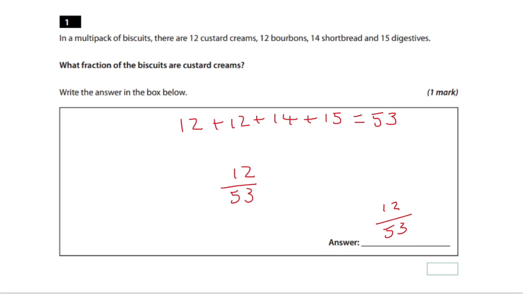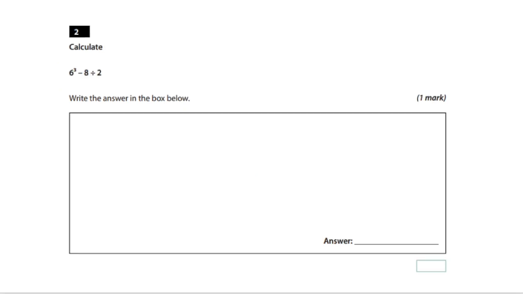Okay, let's move on to question number 2. Calculate 6 cubed minus 8 divided by 2. Now, in this question, it's all about knowing your order of operations. So what we'll have to do first is calculate 6 cubed, which would be 6 times 6 times 6. 6 times 6 is 36, and if we times that by 6, we're going to get 216.